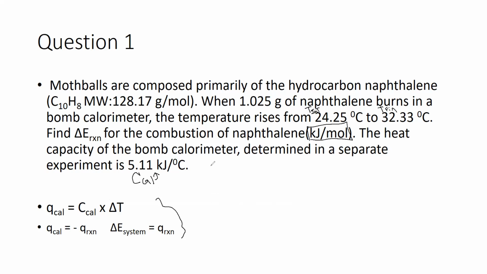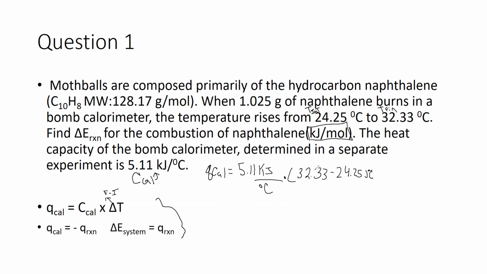So the first calculation, QCal equals CCal, which is 5.11 kilojoules per degree centigrade, multiplied by temperature final. Remember, delta T is always final minus initial. So 32.33 minus 24.25.